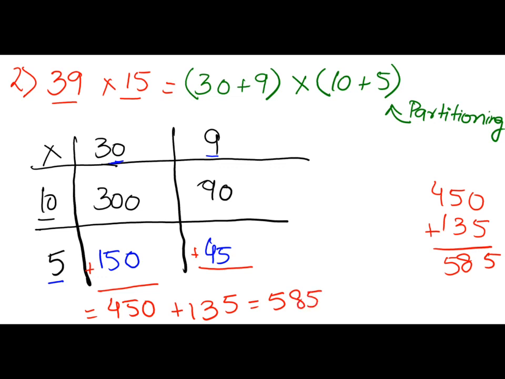So we have seen the example of the grid method twice. If there are three digits, for example, if the number is 322 multiplied by 25, how will you do the partitioning?